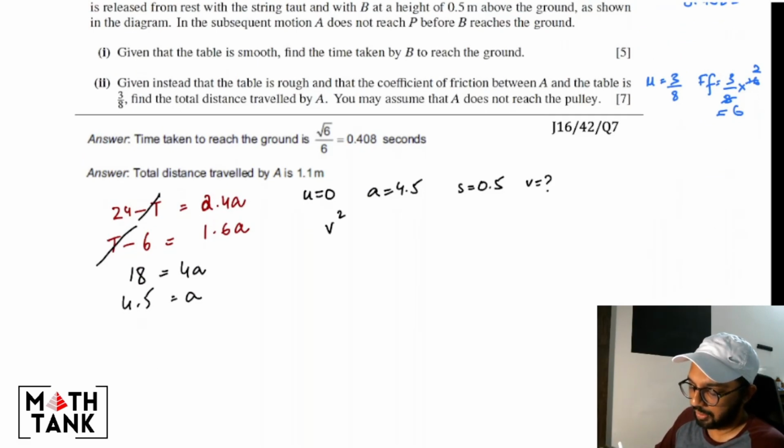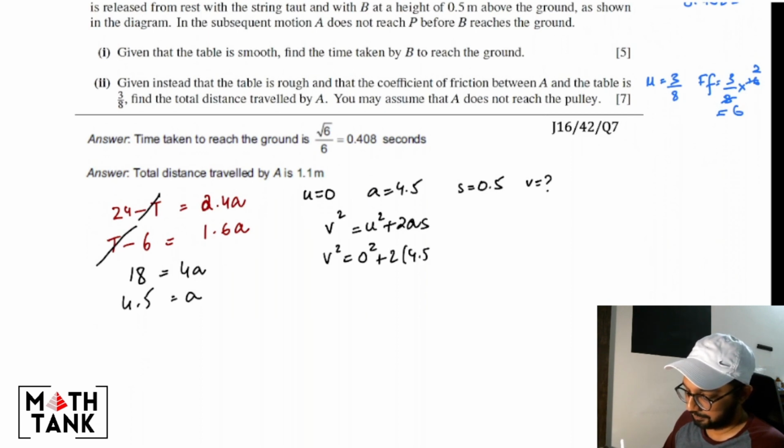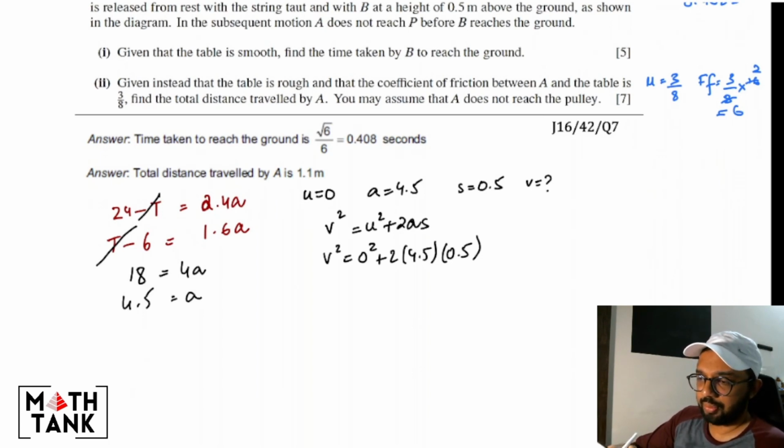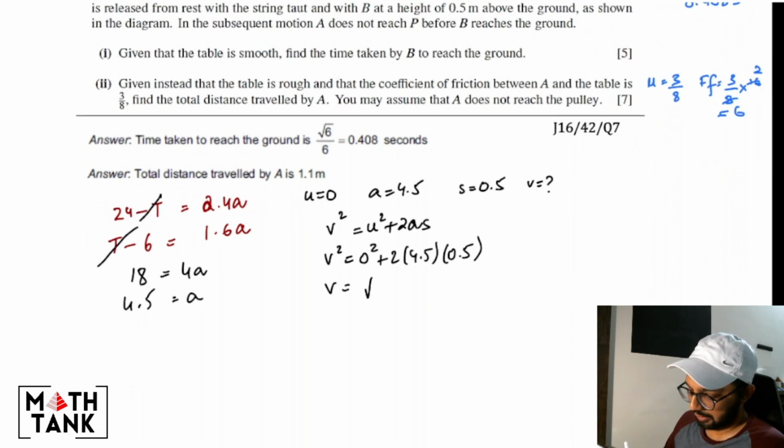Why? Because I need to continue this motion without the system as well. So I need to know what speed A was moving at in order to find that next part of the system. So that gives me root of 4.5.